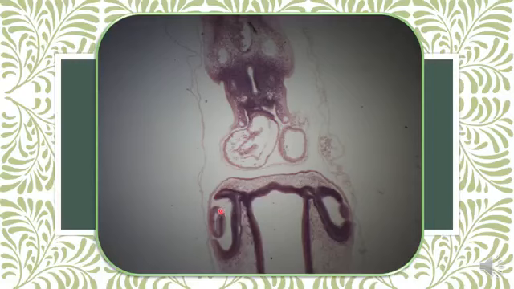And also you can see the lens vesicles and the optic stalk, later forming the optic nerve.